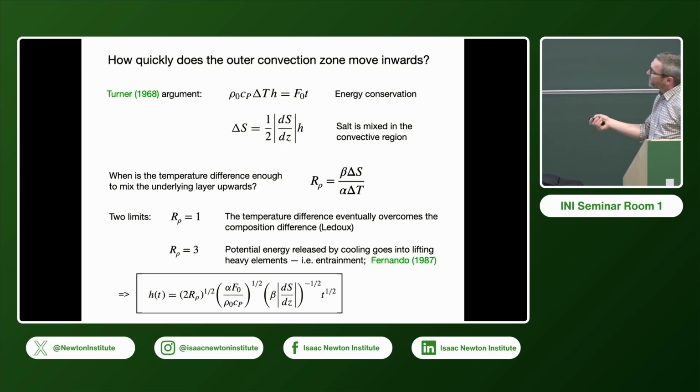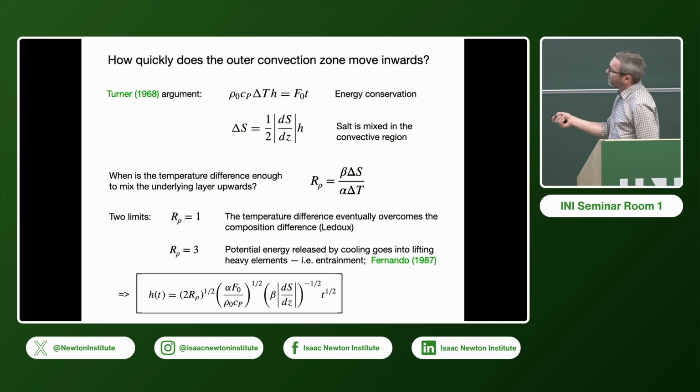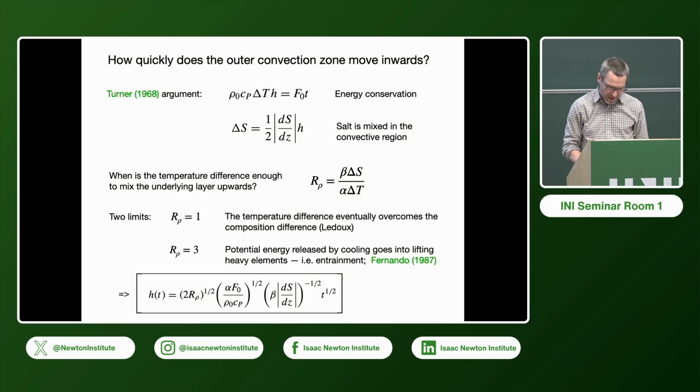If you do an energy conservation type argument, you can show that the value you get is a 3 here. Whatever value you take, because delta S goes like h and delta T goes like delta S, you get an h squared here, so you get a square root scaling with time. There's no diffusion aspects in any of this at the moment. We're assuming here that the diffusivity is small, which is a good approximation for the salt water.